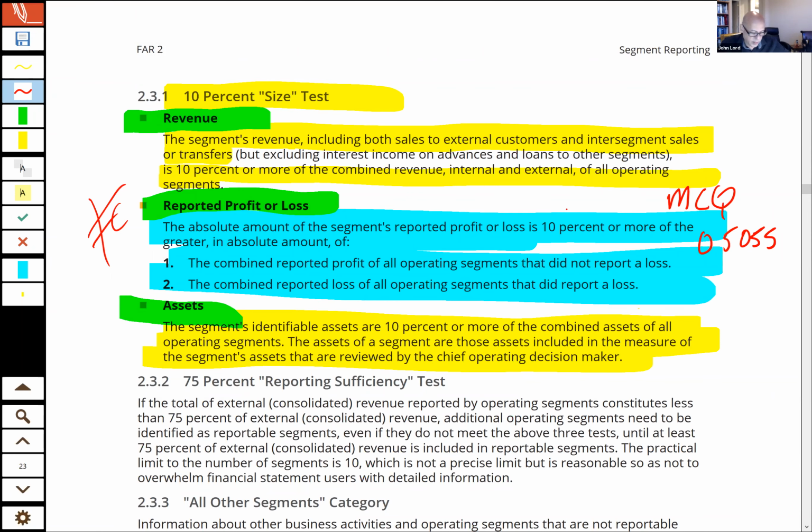Okay, and let's take a look at the 75% reporting sufficiency test. After you've gone through and considered the 10% test and identified your reportable segments, you have to see if you have enough reportable segments.